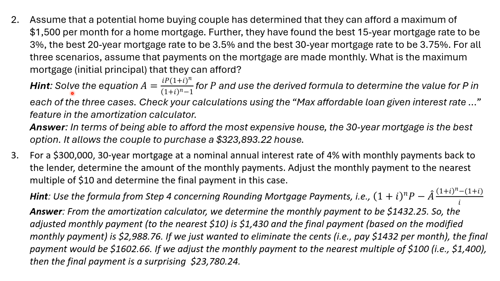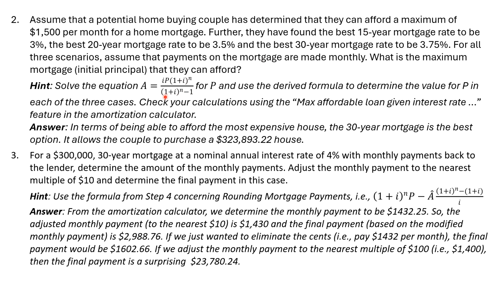So the hint is solve the equation given here for P, because we want to find P, the initial principal, and use the derived formula to determine the value for P in each of the 3 cases, keeping in mind that I is the monthly rate per period, so you would need to convert these percentages to decimals, and then N would be the number of months, the number of years times 12.